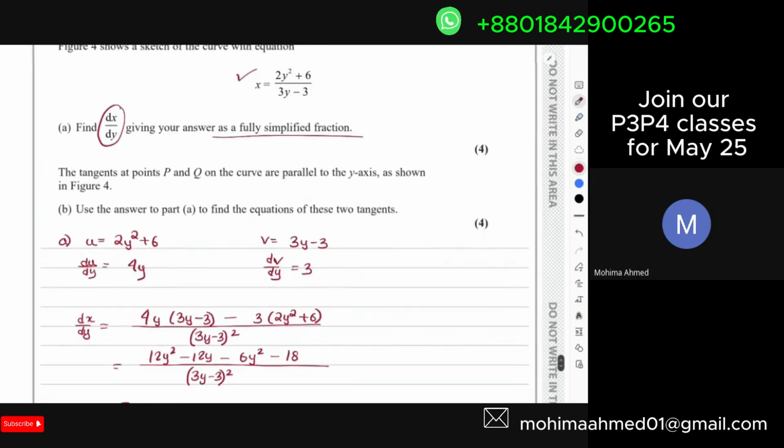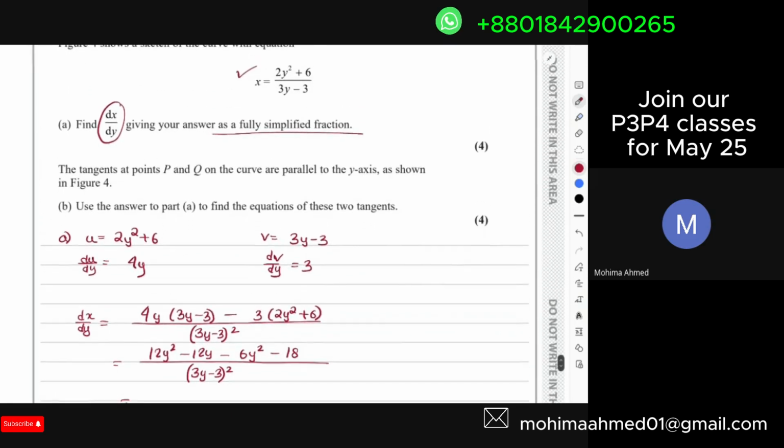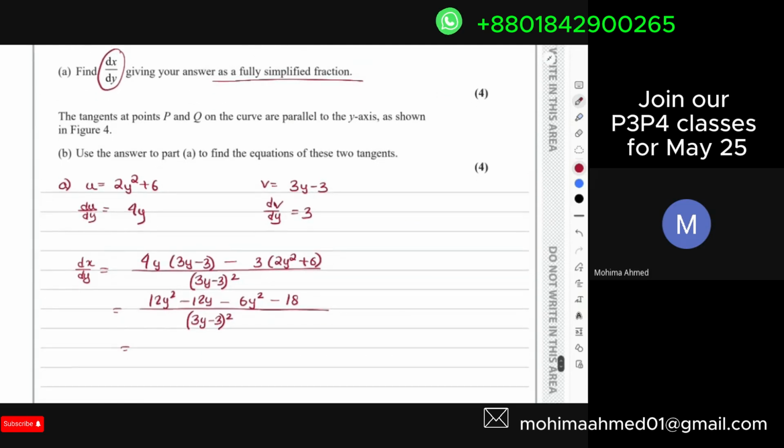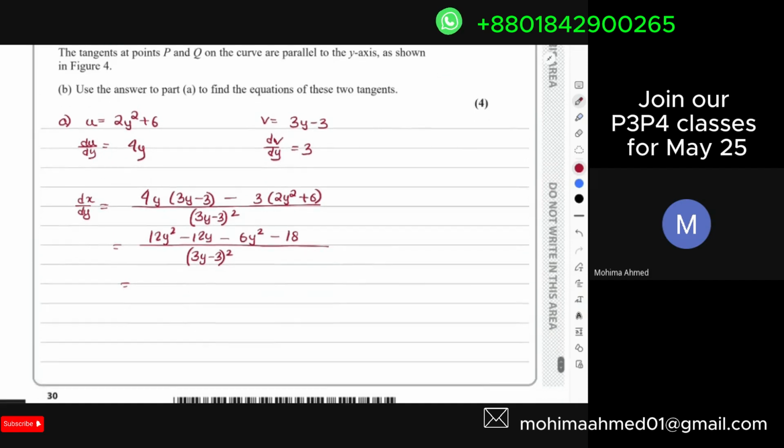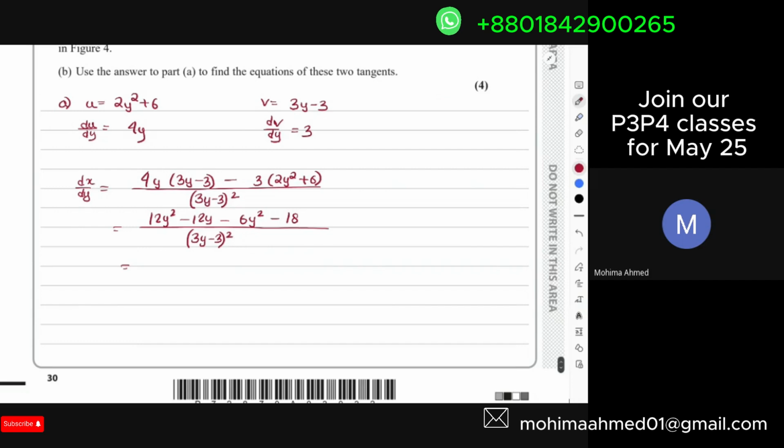So you get your 4y, and then 3y minus 3 is going to be 3. So 4y with 3, that's 12y square and 12y. And 3 with 2 is 6, and 3 with 6 is 18. Yes, so we get your answer as this value.